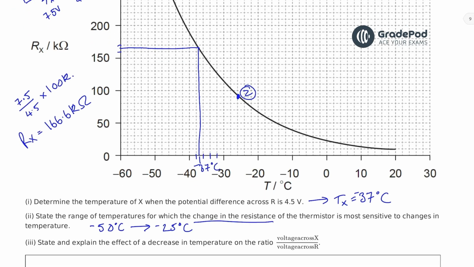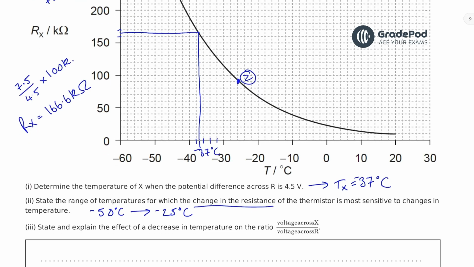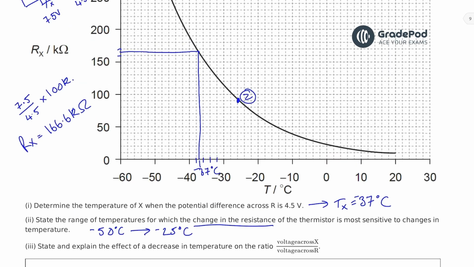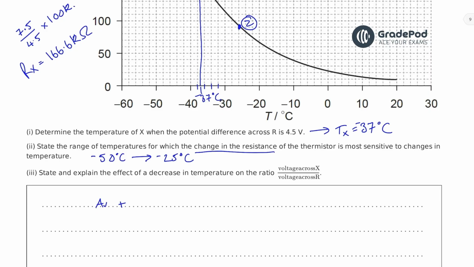State and explain the effect of a decrease in temperature on the ratio V across X over V across R. So a decrease in temperature, as my pencil's running out of battery, give me a sec. As temperature decreases, resistance increases across the thermistor.